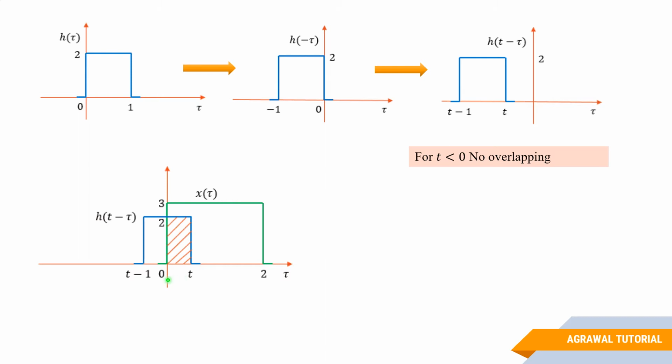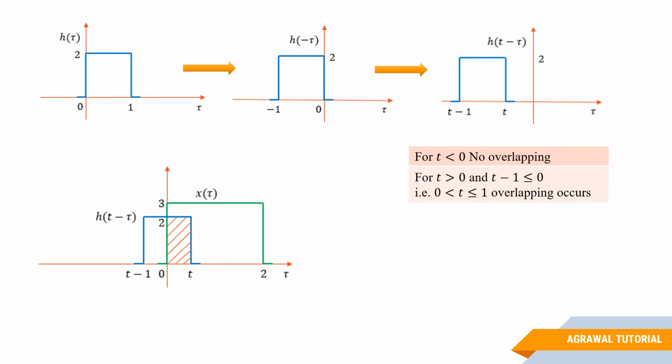So the region where this happens is when t is greater than 0 and t minus 1 is less than or equal to 0. So for t greater than 0 and less than or equal to 1, overlapping occurs.